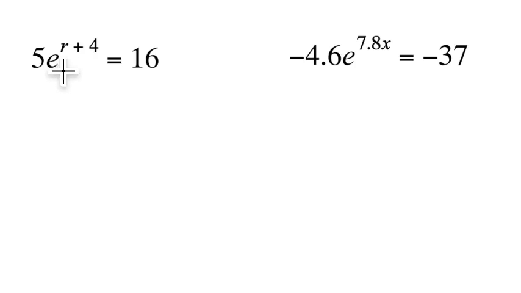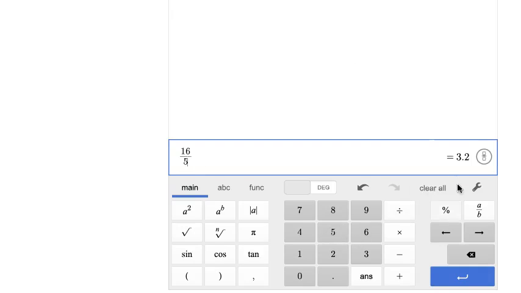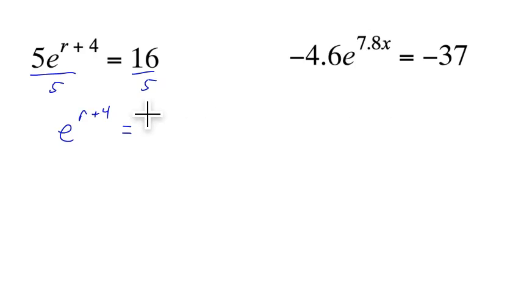Well, let's get the e all by itself. So we'll divide both sides by 5. It's base e, so we'll rewrite it as a natural log. So that's log base e. We call that the natural log, or ln.